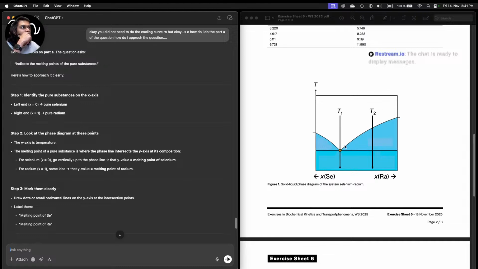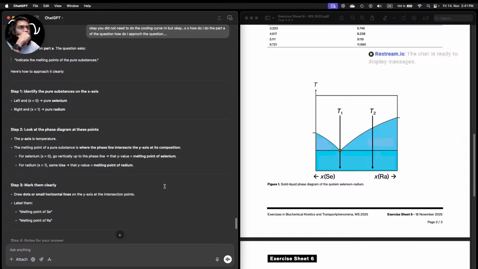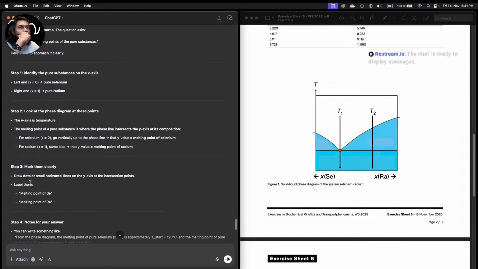So these are the melting points. Mark them clearly, draw small dots or small horizontal lines on the y-axis at the intersection point.